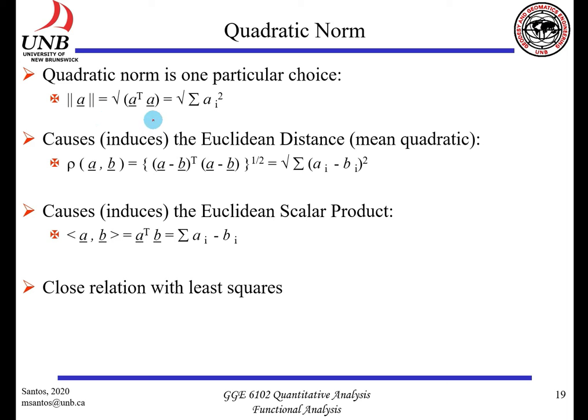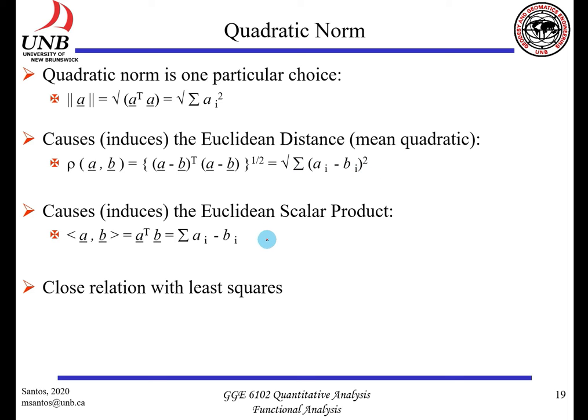With this quadratic norm, we have the Euclidean distance, or the mean quadratic, which is a similar thing, but now it is the distance, or the norm, between these two vectors A and B. It can be represented likewise in matrix form or as a summation of the squares of its elements.